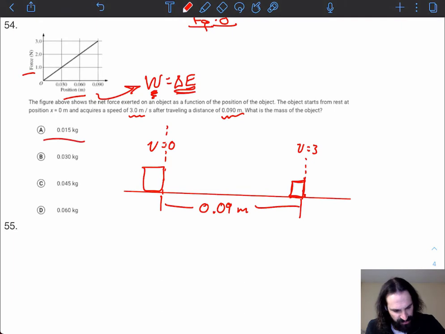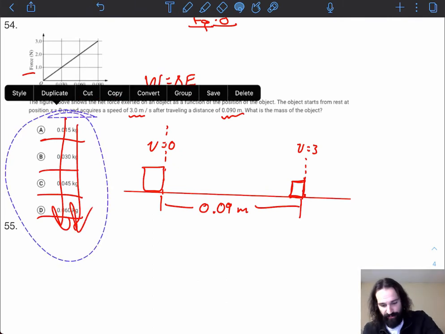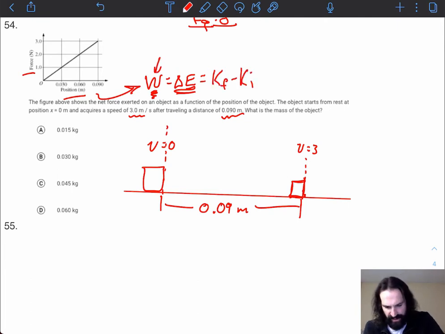Now I'm looking at the answer choices. They're numbers, which means we're doing a calculation, and they're measured in kilograms, which means we're calculating mass. Part of me thinks, I could probably start this right now. I could set the area under the curve equal to the kinetic final minus kinetic initial, and then use the kinetic energy equation to solve for mass.